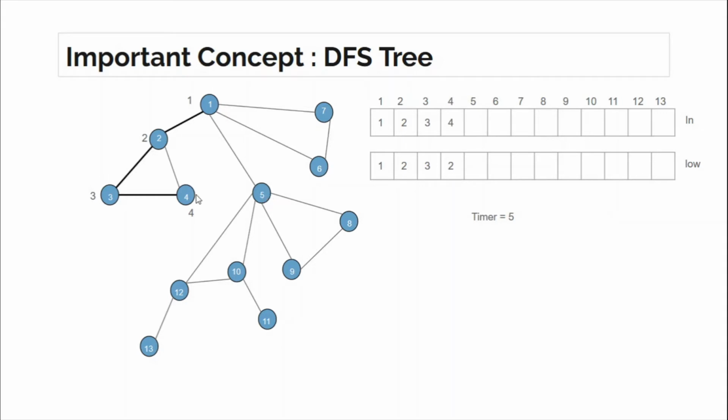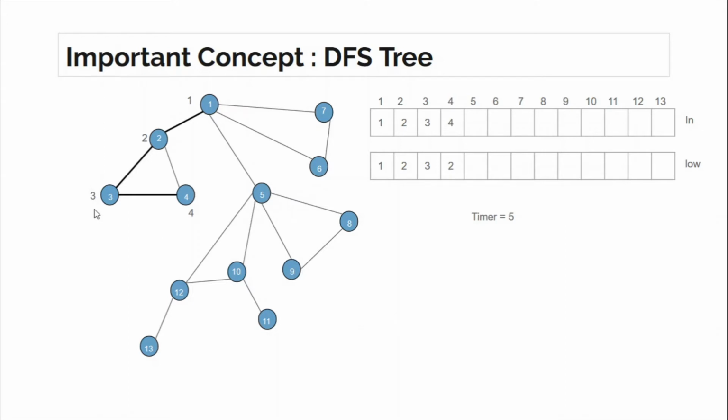Now the work of node 4 is completed, so we would track back to node 3. After that, node 3 would check whether this subtree would survive if you disconnect or remove node 3. If you consider the DFS tree, node 4 is actually a subtree of node 3.